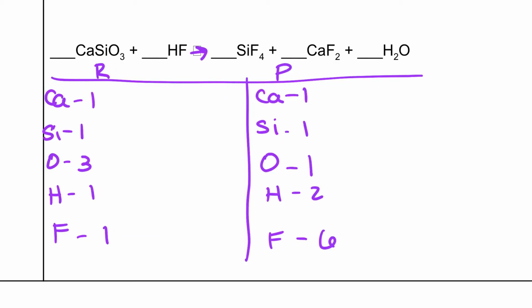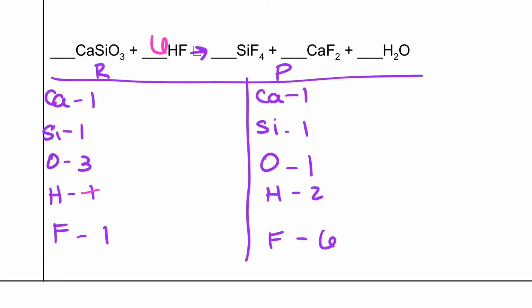So here's a chart, and I've already listed the starting number of atoms on both sides. If you look, my calcium seems to be balanced, my silicons seem to be balanced, oxygen's not, hydrogen's not, and fluorine's not. So we're going to save oxygen and hydrogen until the end. Fluorines, I have 6 total on the products, but only 1 total on the reactants, which means I'm going to put a 6 here.